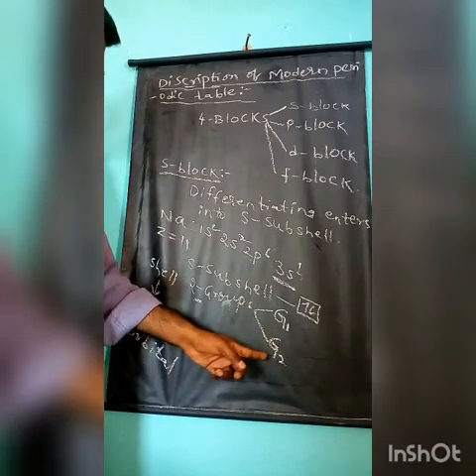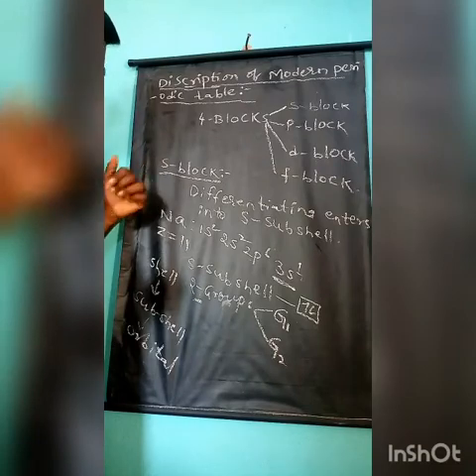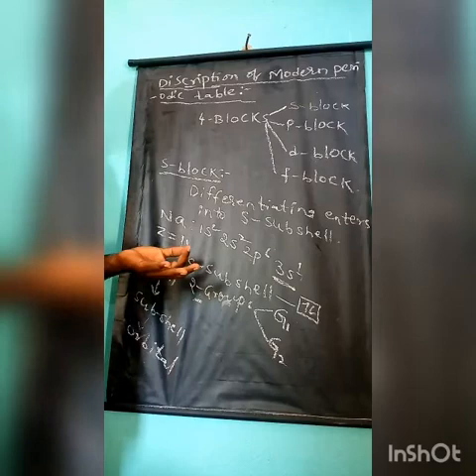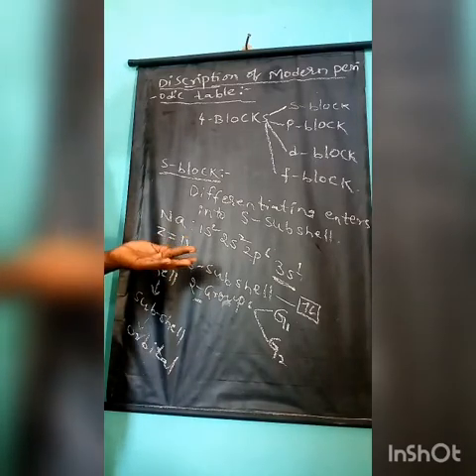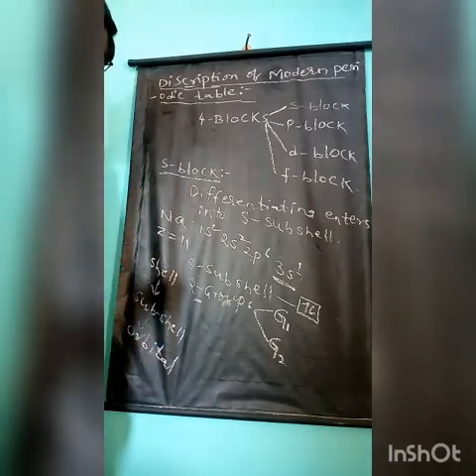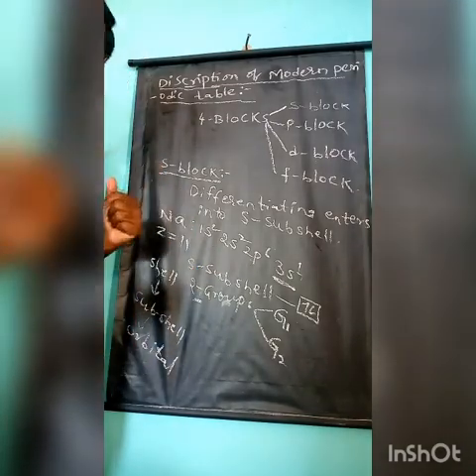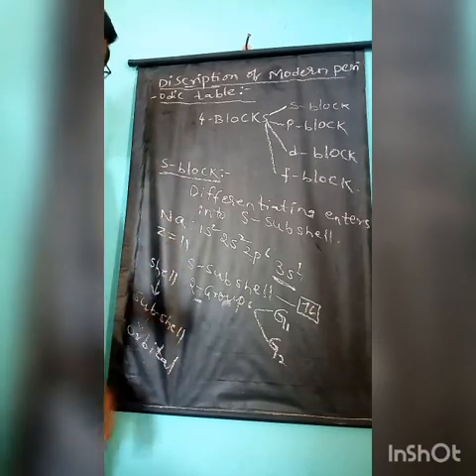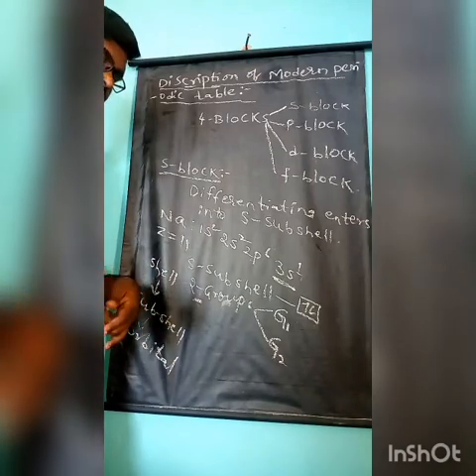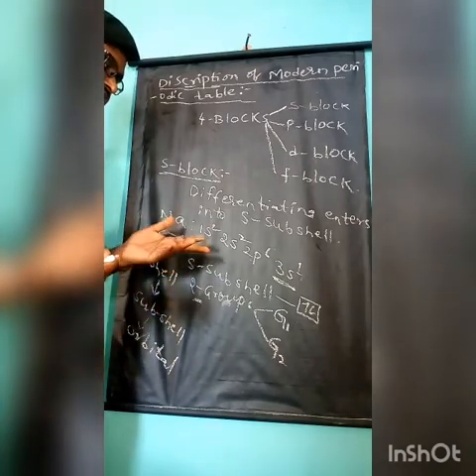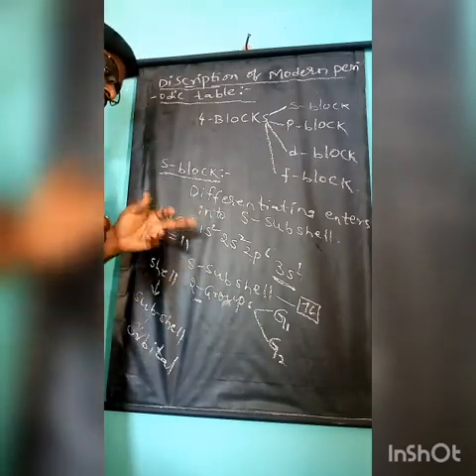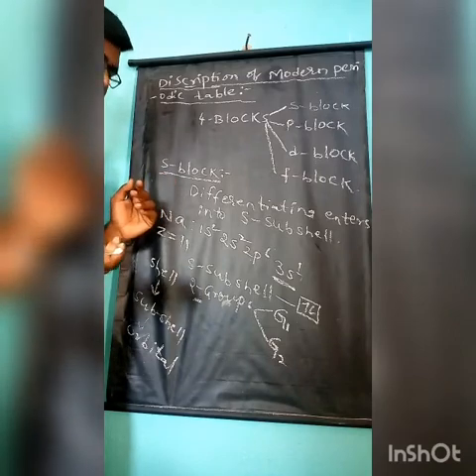In G1 elements, hydrogen, lithium, sodium, potassium, rubidium, cesium, francium, the differentiating electron enters into the S orbital only. And in G2 elements, beryllium, magnesium, calcium, strontium, barium, radium, the differentiating electron also enters into the S orbital only. So that's why they belong to S block.